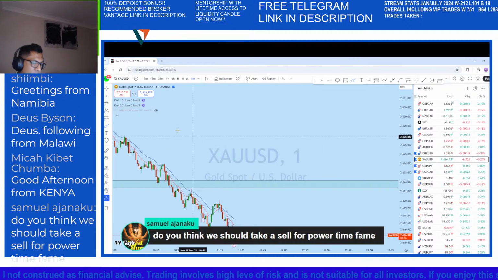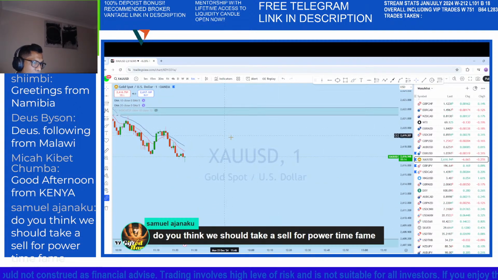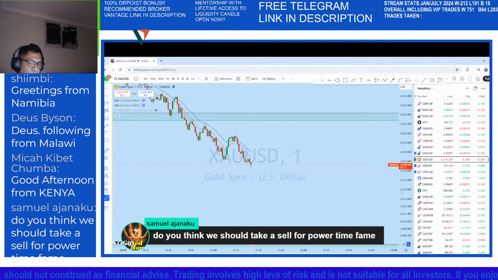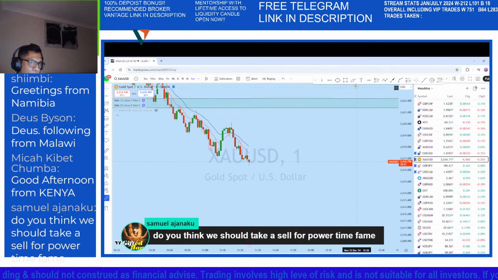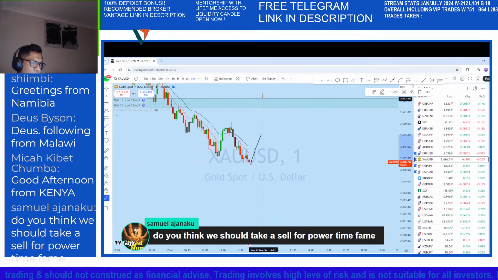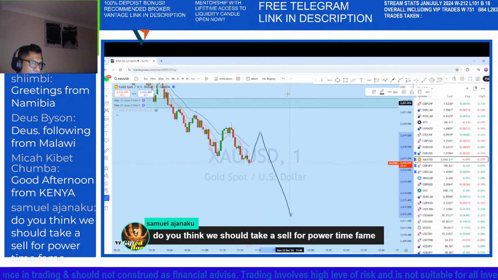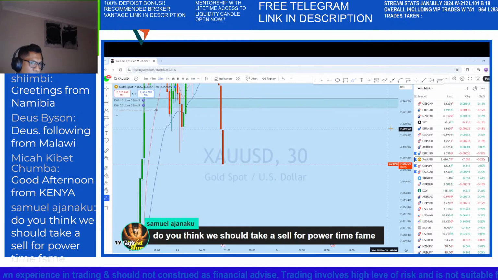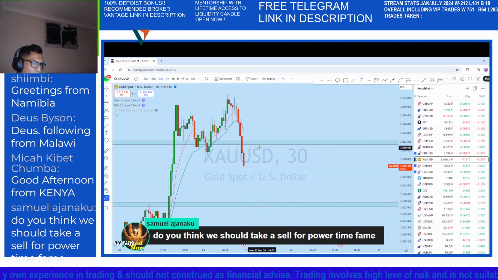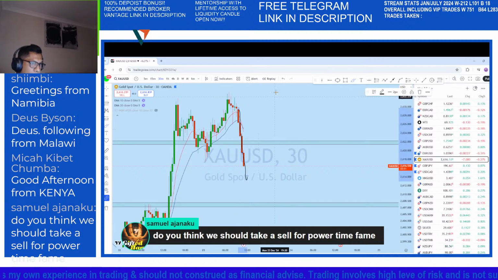Basically, if you look here, you can see the market is in a downtrend. In that downtrending market, we would like to see the market bounce back up enough for this potential entry.